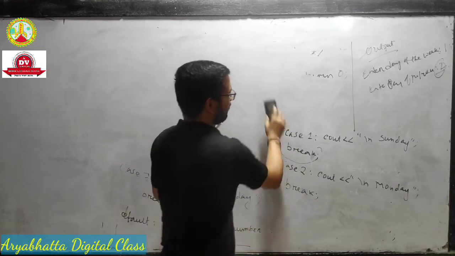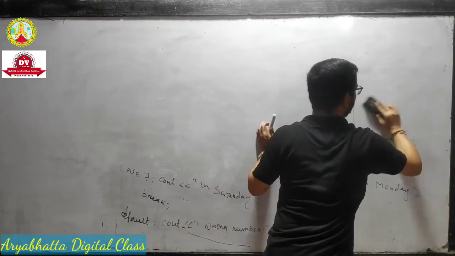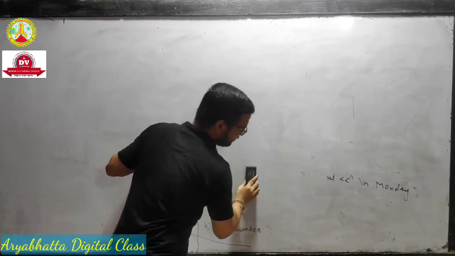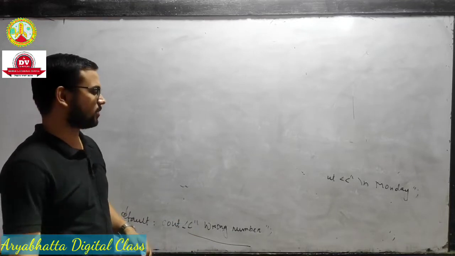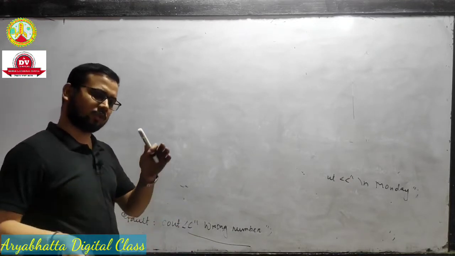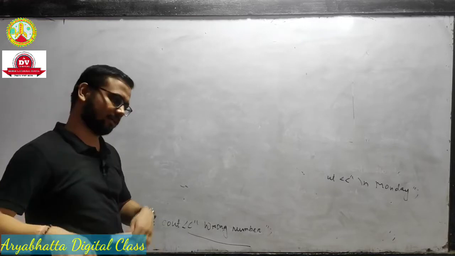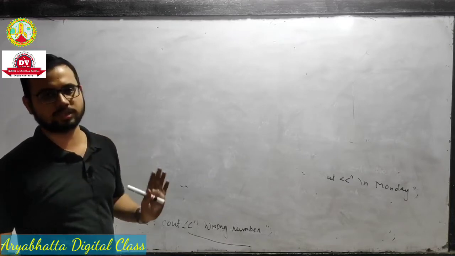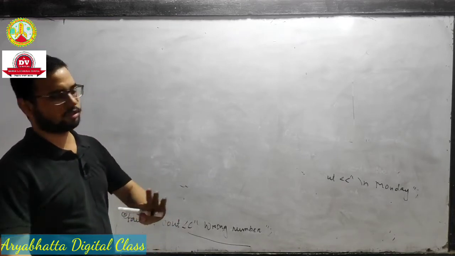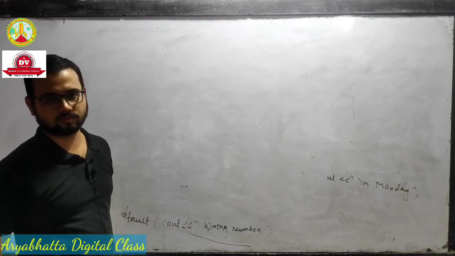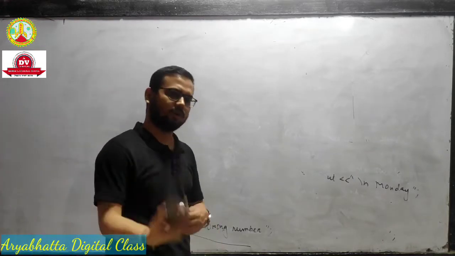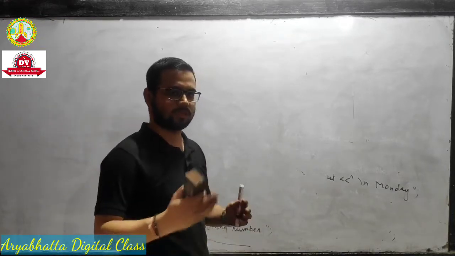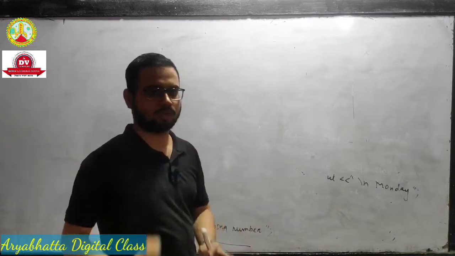We already know the difference between while loop and do while loop. In a while loop, the condition is checked first and then the body is executed. In a do while loop, the body is executed at least one time. If the condition is true, it will execute up to the last. But if the condition is wrong, it will still be executed one time. That is the basic difference between while loop and do while loop.